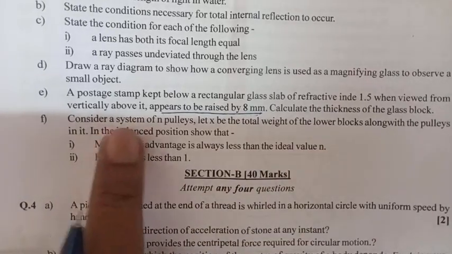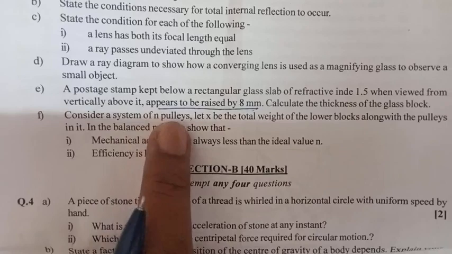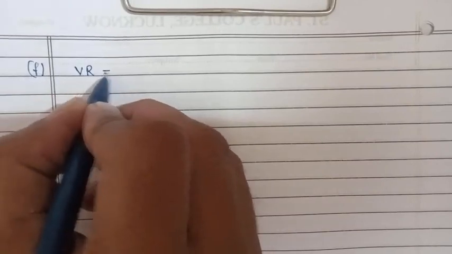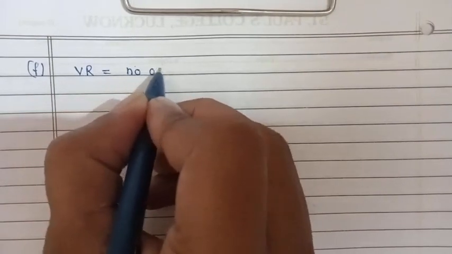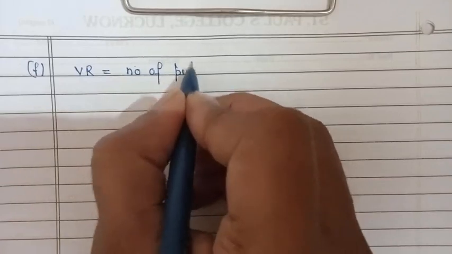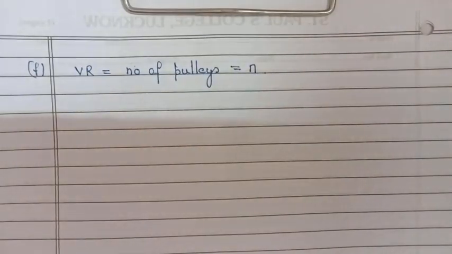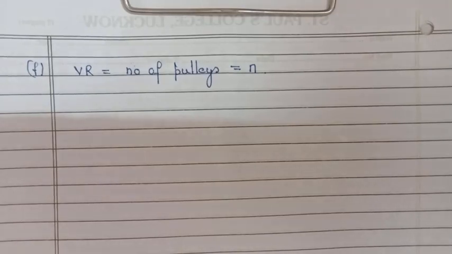First of all, they have said it is a system consisting of n pulleys. Now remember, in a block and tackle, whatever is the number of pulleys given to you, the same will be the velocity ratio. So here the velocity ratio is equal to the number of pulleys, that is n.